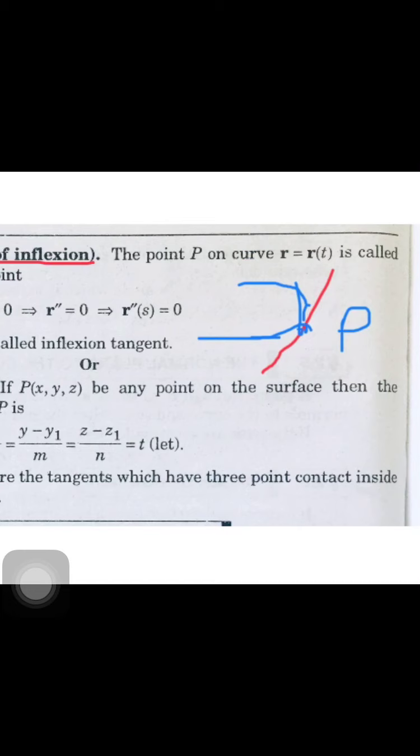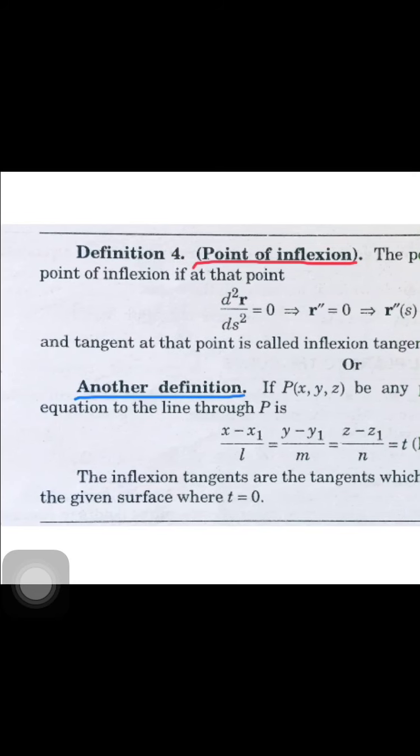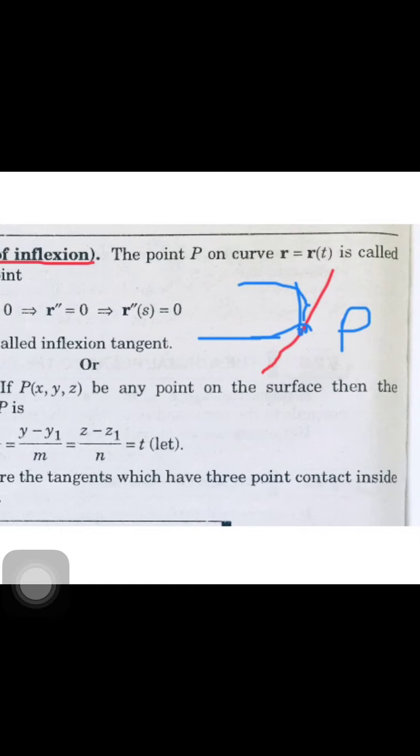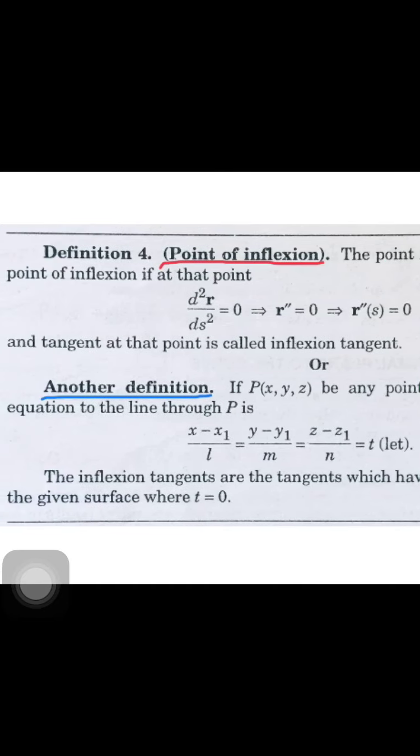Now you can understand the inflectional tangent in terms of point of contact. If there is a 3-point contact at the point, then the tangent is called an inflectional tangent to the given surface, where t equals 0. So we can say 3-point contact or second order contact. So this is the point of inflection and the method to find inflectional tangents.